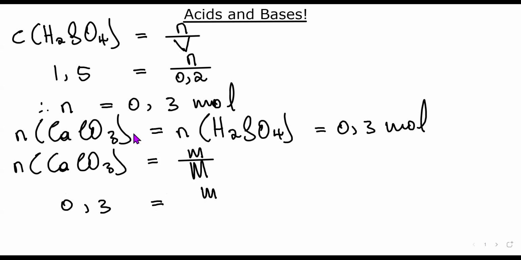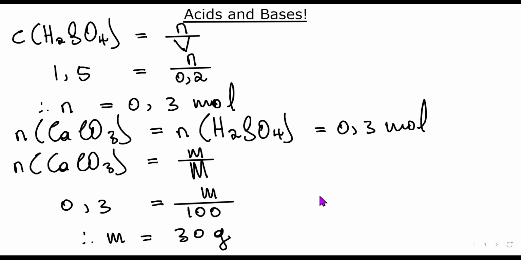We are looking for the mass. But what is the molar mass? Well, calcium is 40, carbon is 12. We have 3 times oxygen. So we simply get 100. And if we cross multiply 100 times 0.3 will simply give us 30 grams like that.